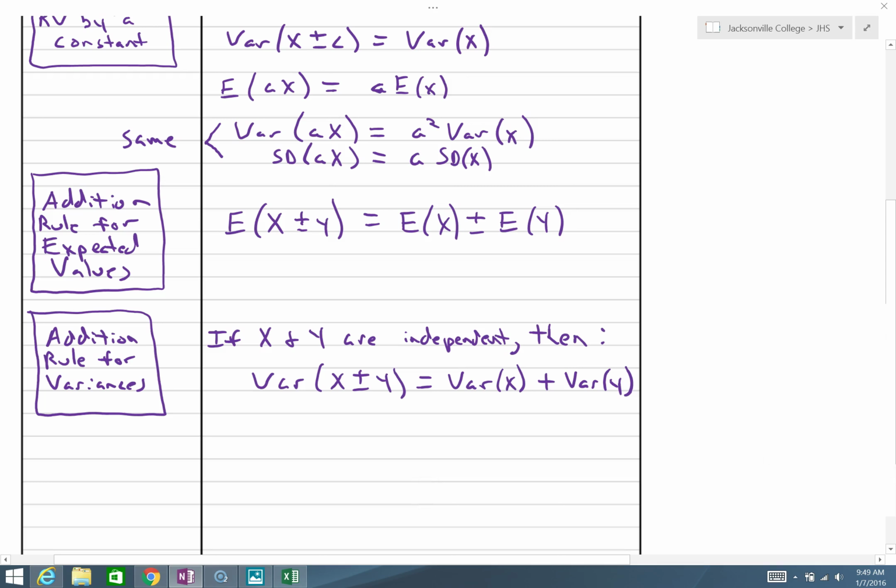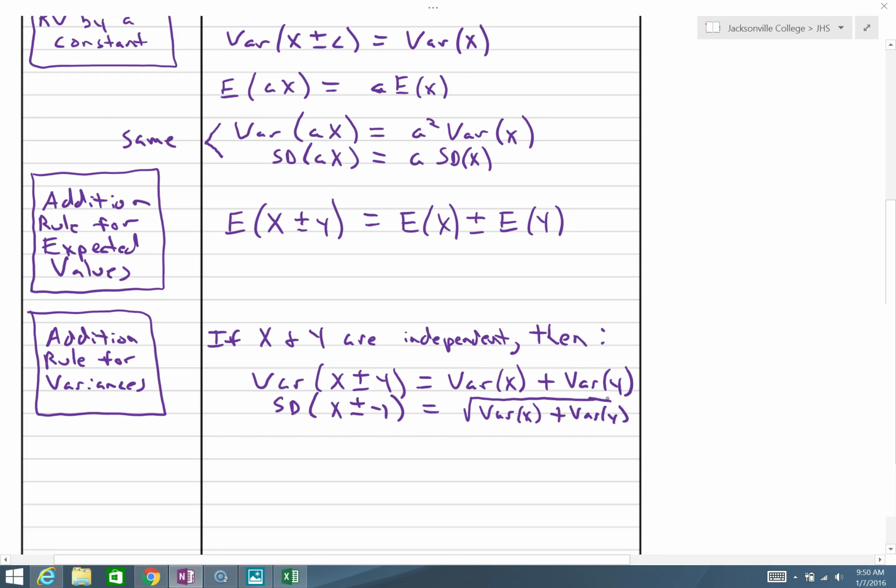So if the variance is written in this fashion, I can write the standard deviation like this. Again, this is an equivalent statement. The standard deviation of x plus or minus y, I've simply taken the square root of this side, so I'll take the square root of this side, is the square root of the variance of x plus the variance of y.